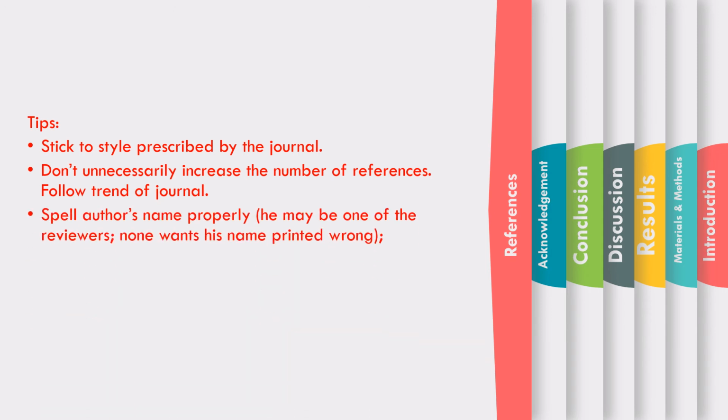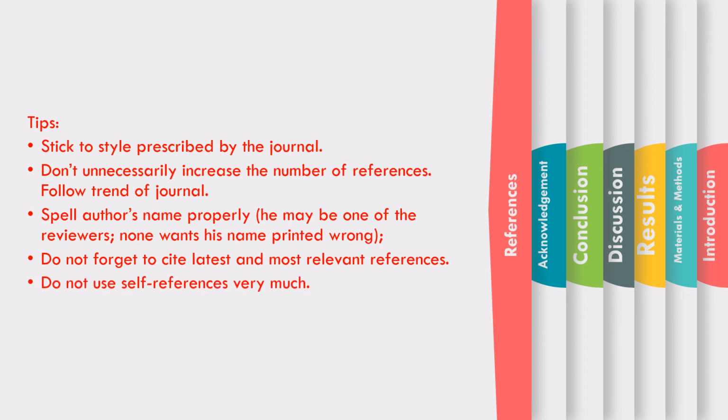He or she may be one of the reviewers, and nobody wants their name printed wrong. Do not forget to cite the latest and most relevant references. And do not use self-references very much. You can use 1, 2, 3, 4 maybe depending on your need, but don't overuse self-references.